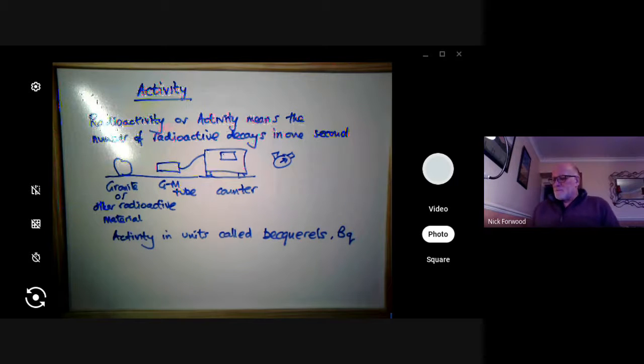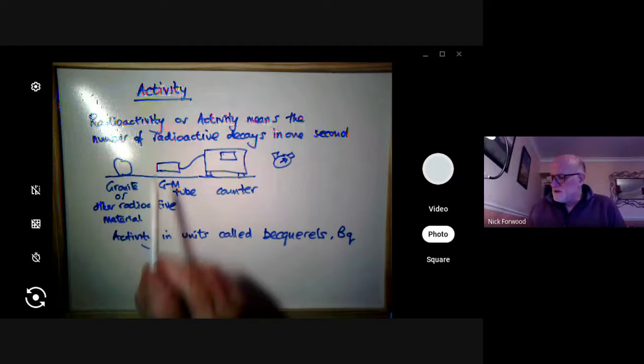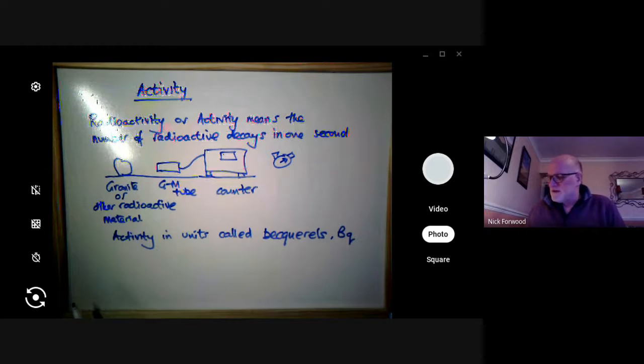Bq. Okay, so supposing we took some readings, very simply, and we just did this for 10 seconds, and supposing we had 20 radioactive decays in 10 seconds, then how do we work out the number of decays in 1 second?